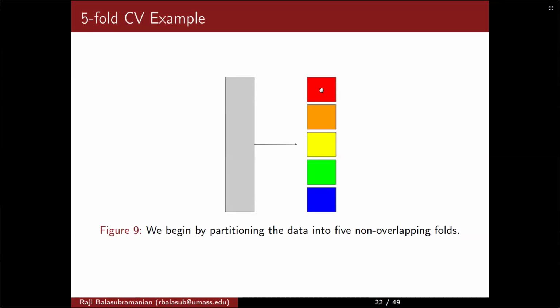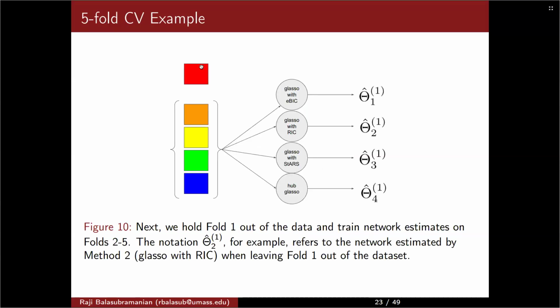So you would partition your data into 5 non-overlapping folds or pieces. Let's say this is the first iteration of your cross-validation, and you hold out the 1/5, the red piece of your data, and then you use the remaining 4/5 of your data as your training data set.